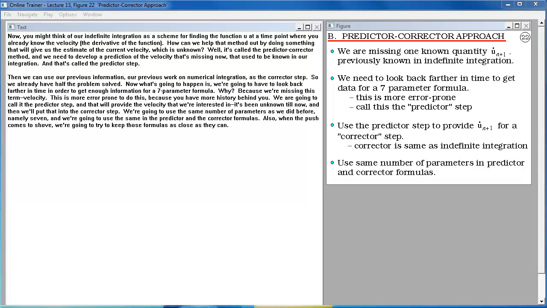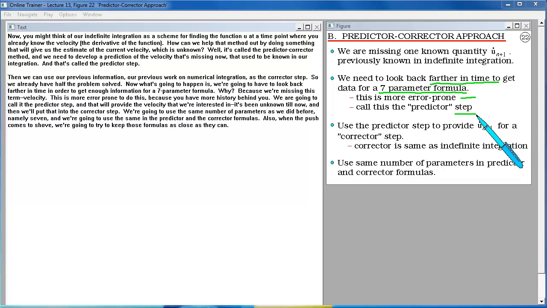Now, what's going to happen is we're going to have to look back farther in time in order to get enough information for a 7-parameter formula. Why? Because we're missing this current velocity. This is more error-prone to do because you have more history behind you. We are going to call it the predictor step.